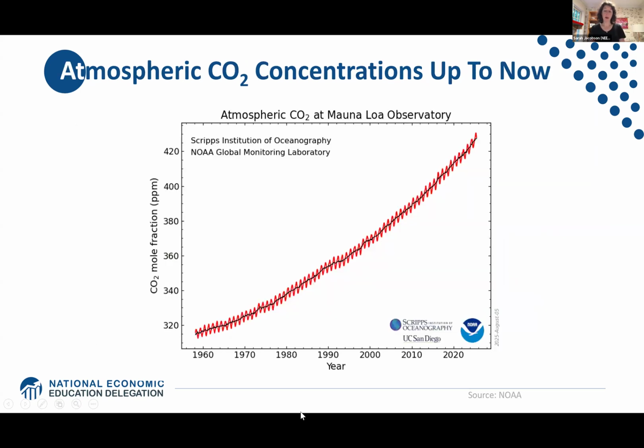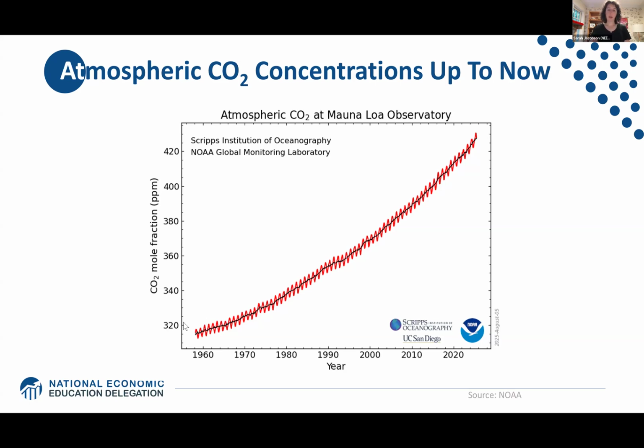This is a graph that comes from the National Oceanographic and Atmospheric Administration. This is an observatory up on Mauna Loa in Hawaii. I know we have a Hawaii attendee. We have been measuring carbon dioxide concentration. So this is how much accumulates in the atmosphere there since the 50s, when people started thinking about the greenhouse gas issue and the greenhouse effect.